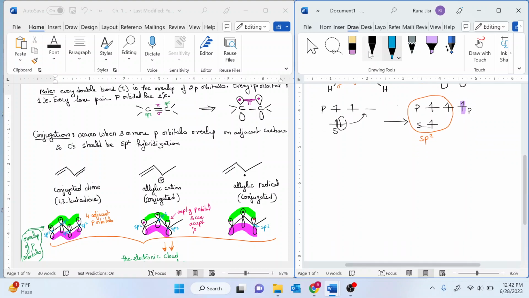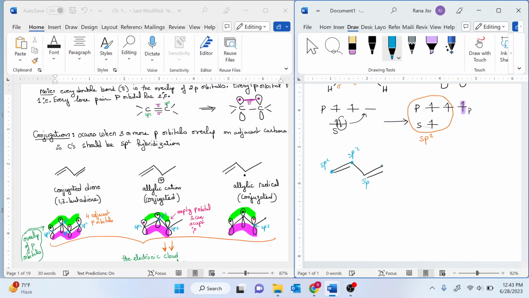So let's say, for example, if I have a diene, then in this case, I know that every single carbon is an sp2 hybridization. So I'm going to end up having a p orbital here and a p orbital there, and then another p orbital here and a p orbital there.